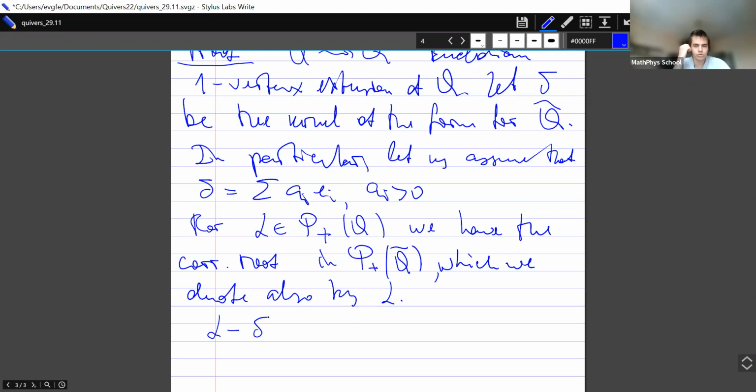I suppose it should still be positive, because subtraction of delta doesn't change scalar products with e_i. Maybe some decomposition by e_i modulo this delta somehow. Okay, sorry, I can't say more exactly.